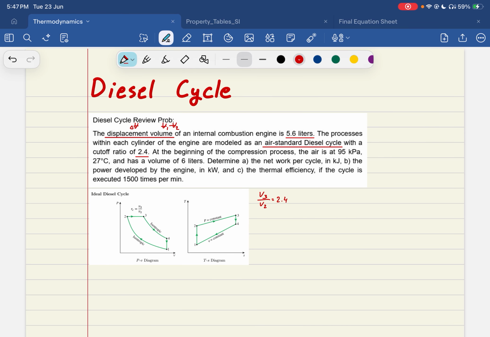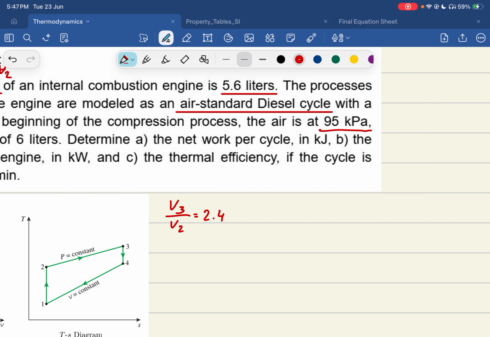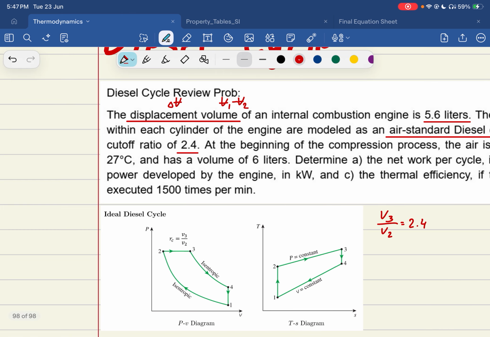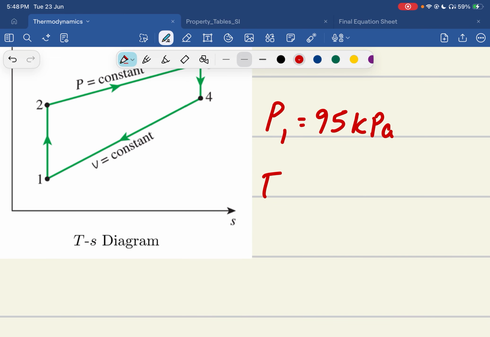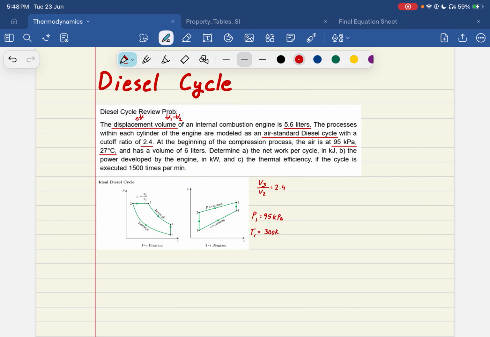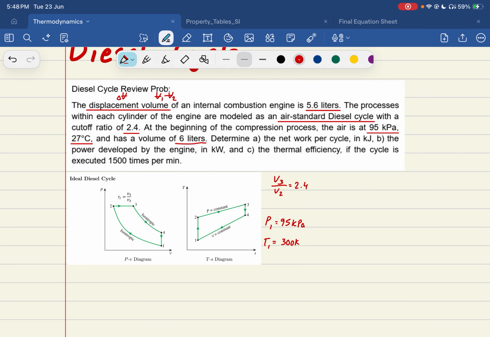And at the beginning of the compression process, we have 95 kPa and 27 degrees Celsius. So P1 is 95 kPa and T1 is 300 Kelvin, and has a volume of 6 liters.